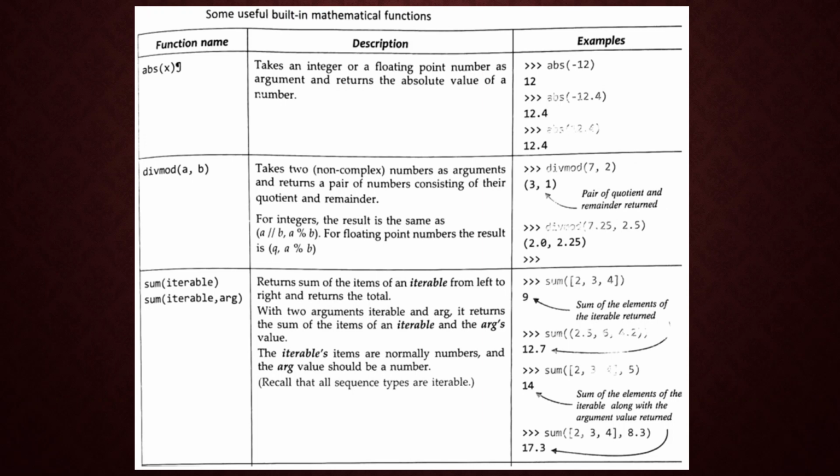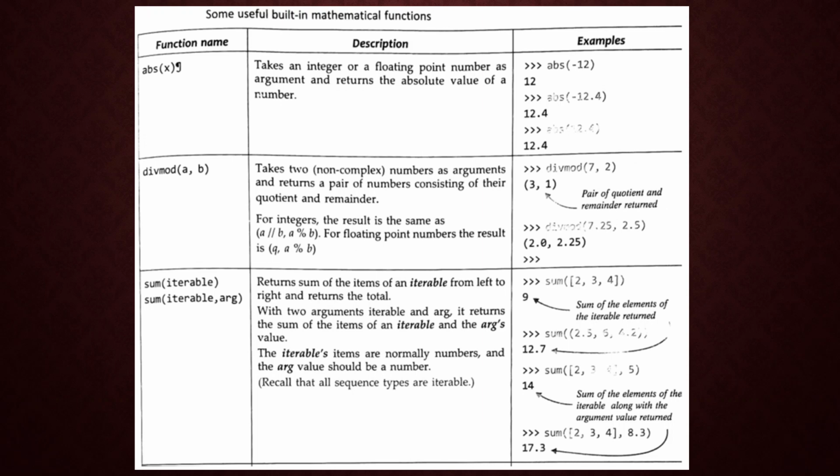Take this divmod example: divmod(7, 2). The quotient is 3, since 7 divided by 2 gives quotient 3, and the remainder is 1. And divmod(7.25, 2.5) will display 2.0 because they are floating point numbers. The quotient is 2.0 and 2.25 is the remainder.